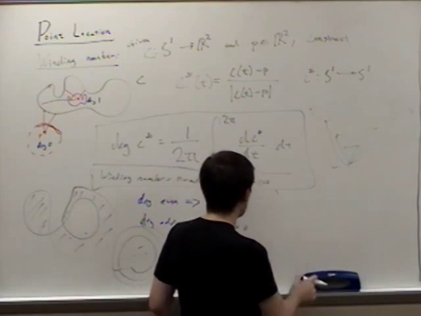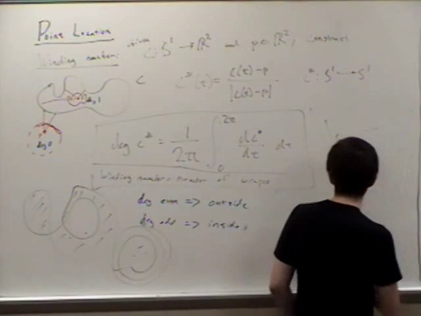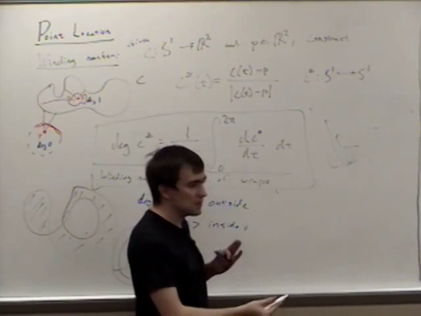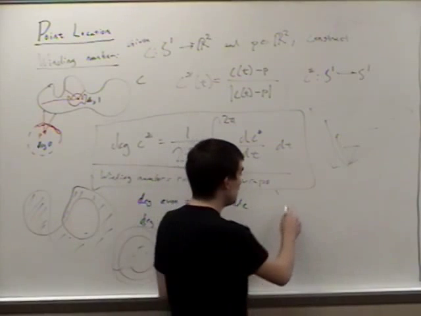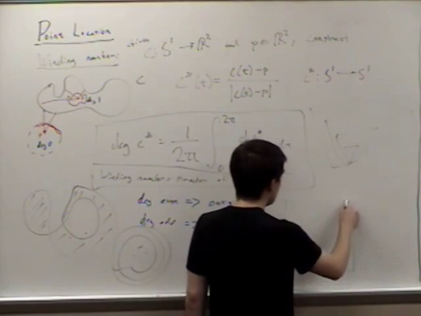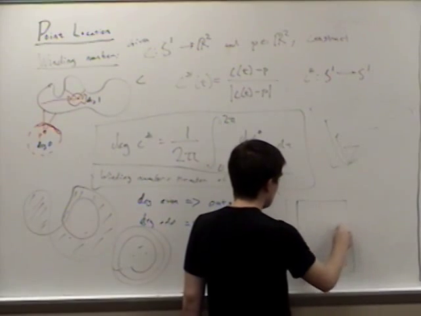To illustrate why this might be useful, sometimes you can have really crazy looking polygons where it might be really hard to test whether or not a point is inside it. So you could draw some weird mess of a maze.